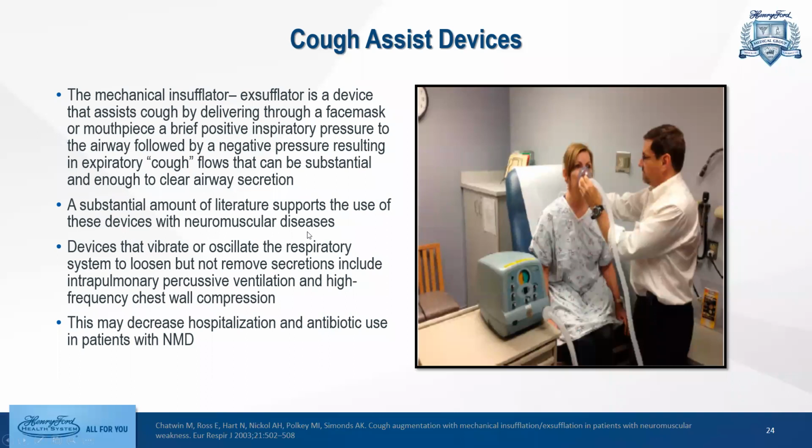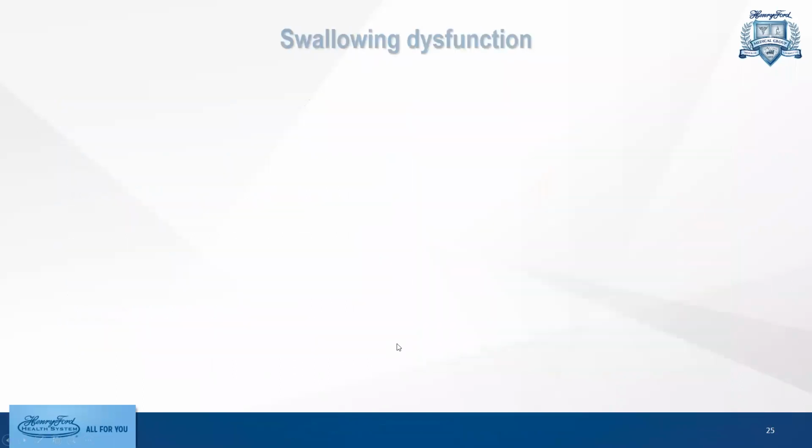Literature supports the use of these devices in neuromuscular diseases. There are also vibratory or oscillatory devices like the vest. They shake the secretions but do not remove them from inside your airways. However, the cough assist devices, the vests, and every oscillatory method help decrease hospitalization and antibiotic use in patients with muscle diseases.